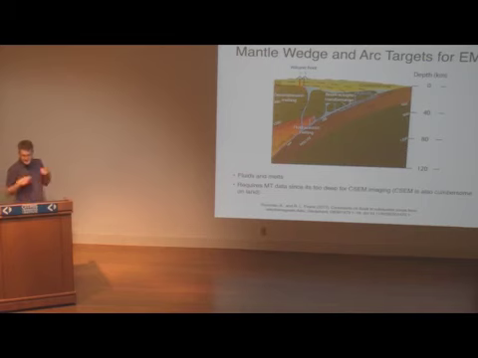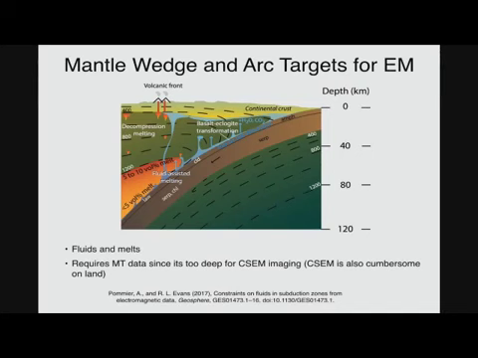Okay, so I want to go on. I know Terry would be deeply upset if I didn't include the mantle wedge and arc melting. So I've got a bunch of slides here showing you other aspects of the subduction zone system that can be imaged with MT. And as you saw in Christy's talk, there are a lot of different processes that can generate fluids and melts here.